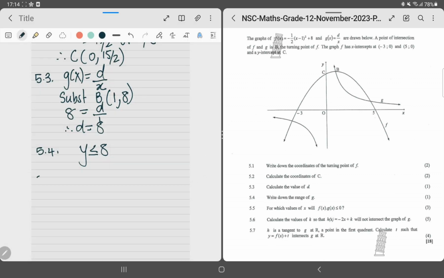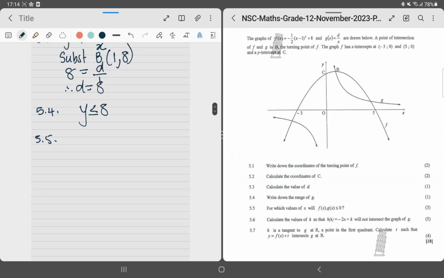5.5. For which values of x will f of x multiplied by g of x be less than or equal to 0?